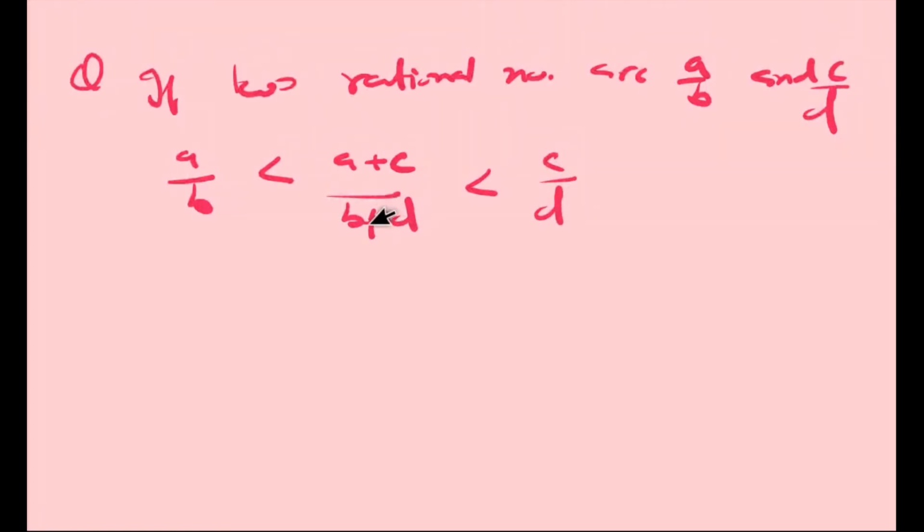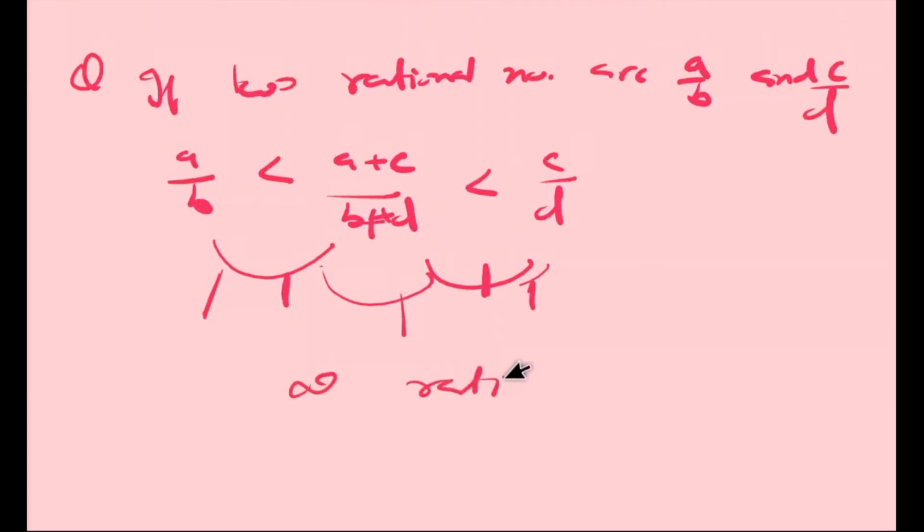This way you can find one rational number between these two, and again using these you can find more, one rational number in each gap. This way you can find infinite rational numbers.